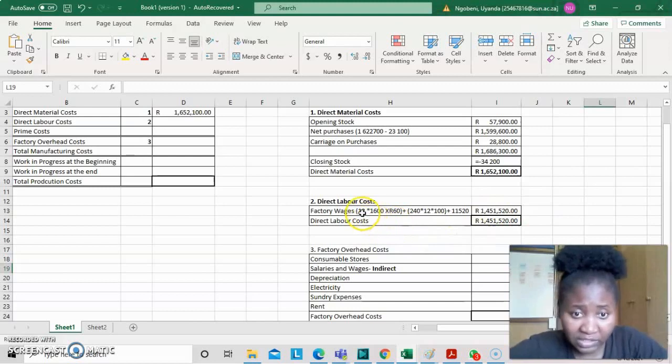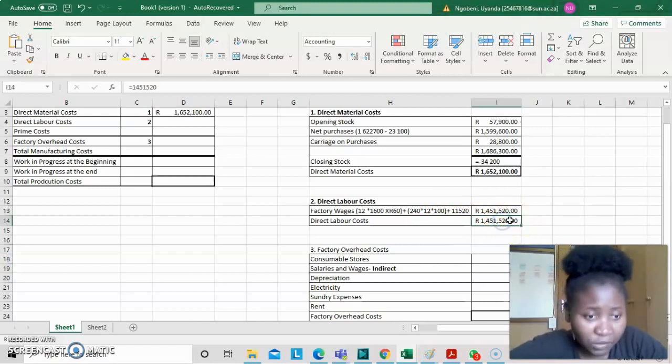Remember, we said normal working hours for 12 people, 1,600 hours multiplied by 60 rand per hour, plus their overtime, which was 240 times 12 people times 100 rand, plus UIF, which we were given, so it should be straightforward. When you add everything, you get 1,451,520.